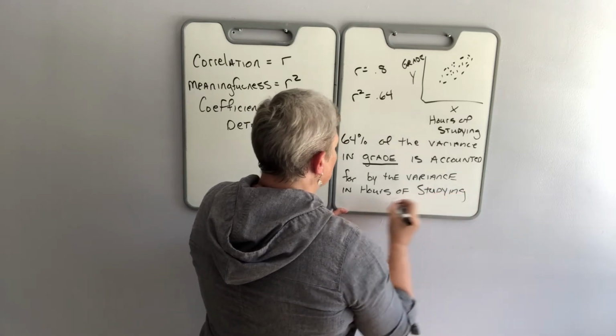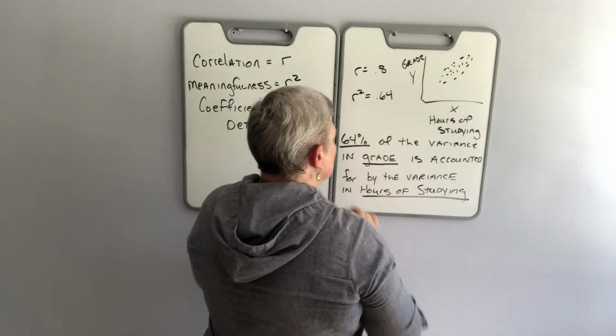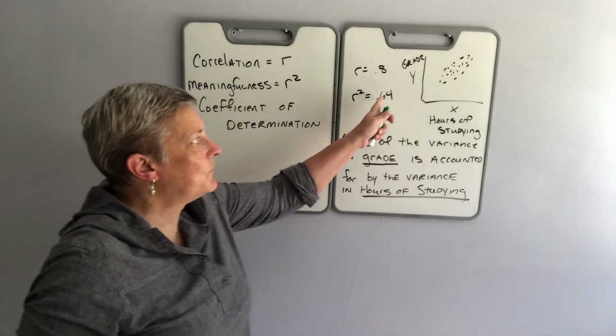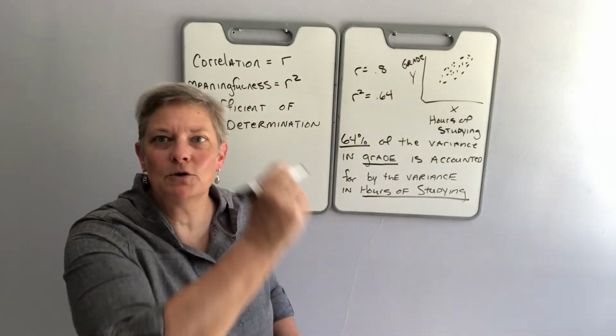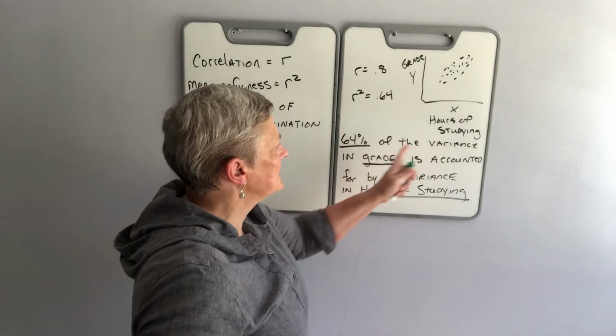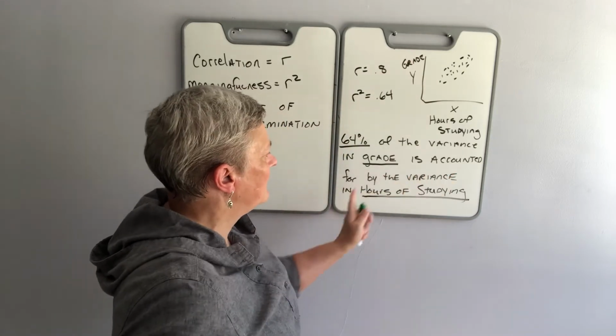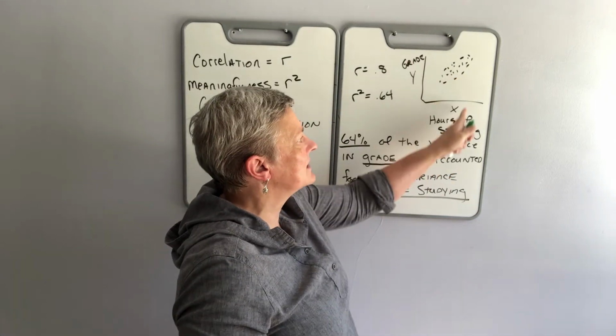I'm going to underline this, and I'll show you a trick later. So 64%, remember to get a percentage, we move the decimal place twice. 64% of the variance in grade is accounted for by the variance in hours of studying.